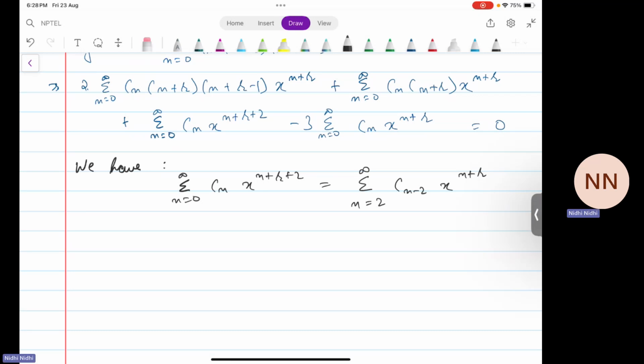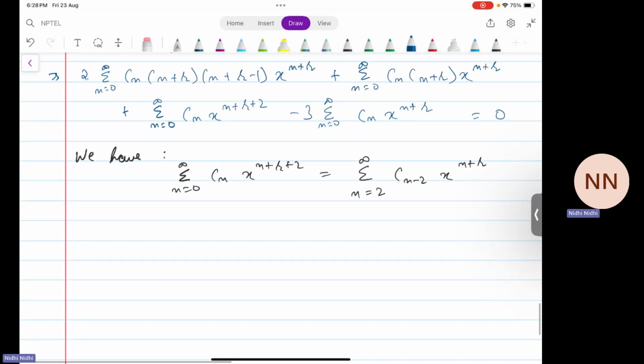So this gives us two times summation n from 0 to infinity (n plus r)(n plus r minus 1) and summation (n plus r). Let's just club the first two terms.